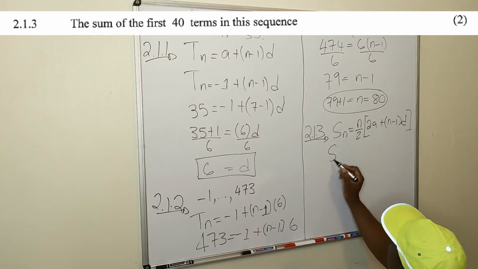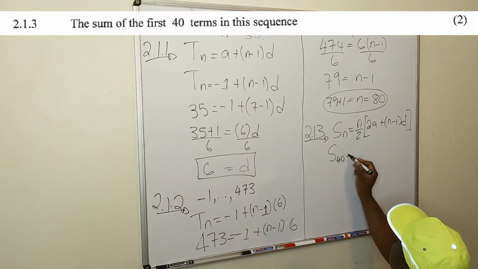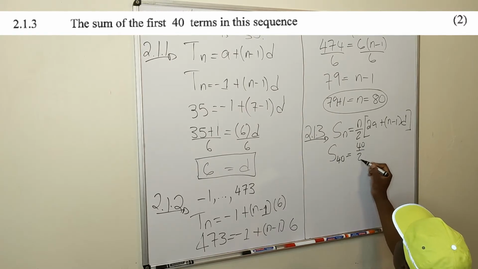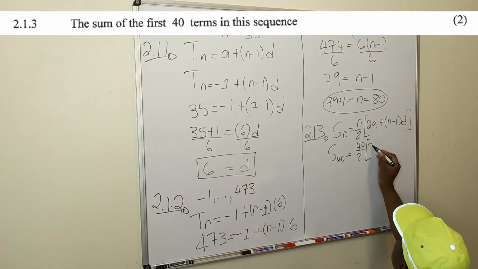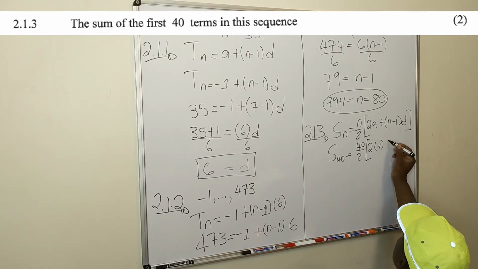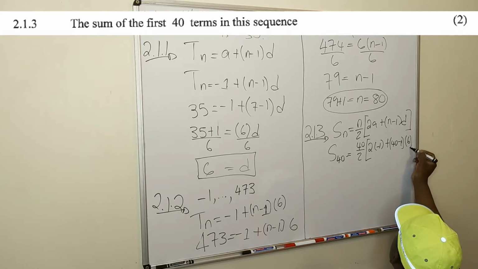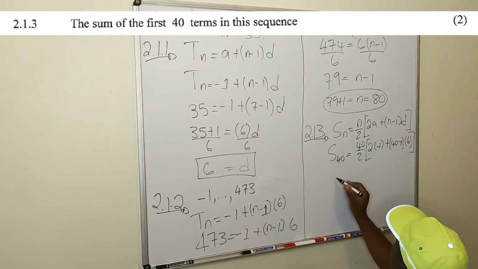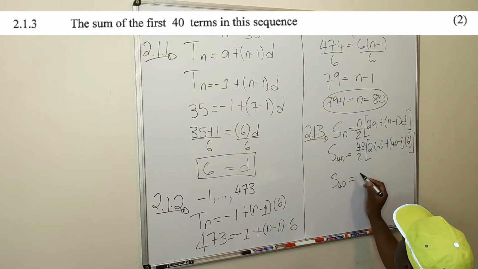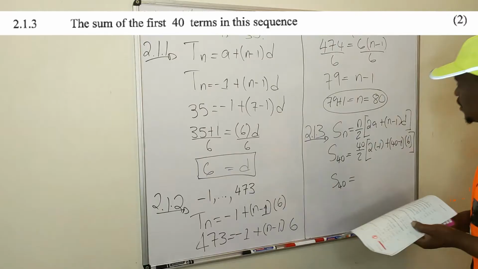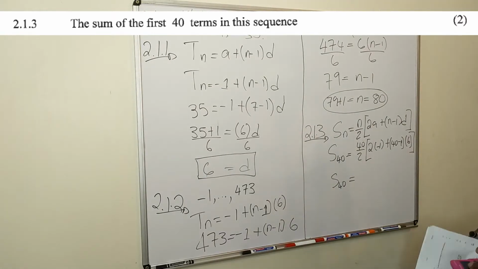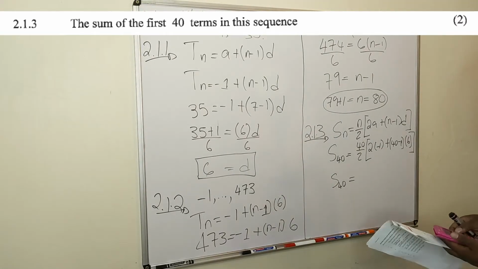So the sum of 40 terms is equal to 40 over 2 times (2 times minus 1, your a, plus (40 minus 1) times 6). So S40 is equal to, you punch this in your calculator, and the answer that you get is the sum of 40 terms.